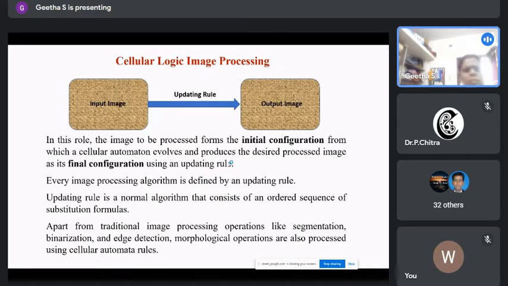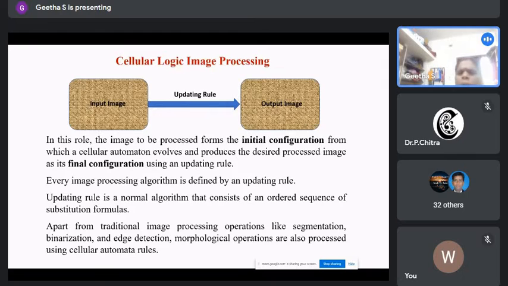Next, you have to apply it for the major important role, cellular logic image processing. So what do you mean by this role? The given image is processed from an initial configuration from which a cellular automaton evolves and produces a desired processed image, the final configuration, using updating rules.